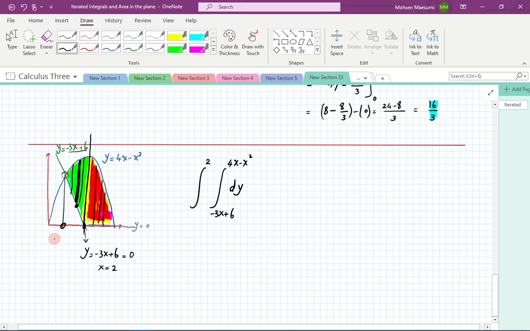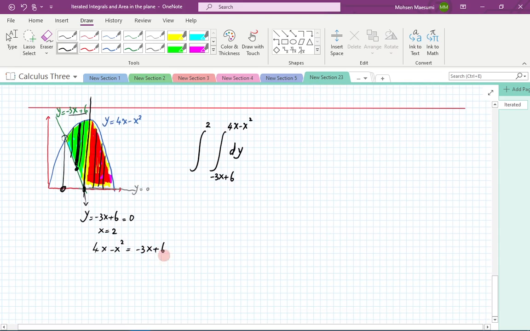How about this starting location? Starting location, well, is the intersection of these two curves. So how do we find it? Well, we set the two curves equal to each other to find their intersection. So I bring everything to the right, so it becomes x squared minus 7x plus 6 is equal to 0, and this one factors as x minus 6 times x minus 1 is equal to 0.